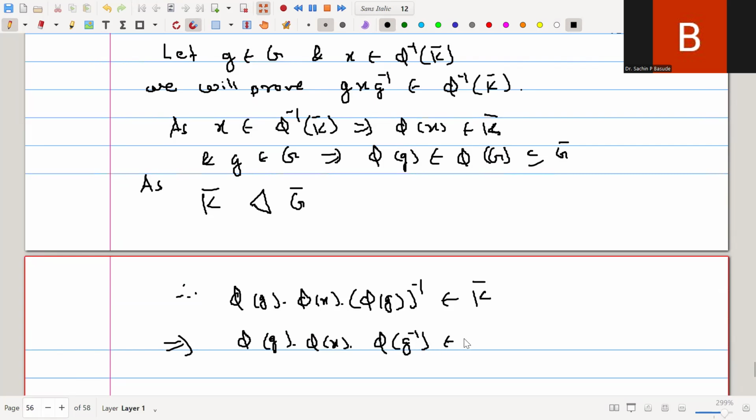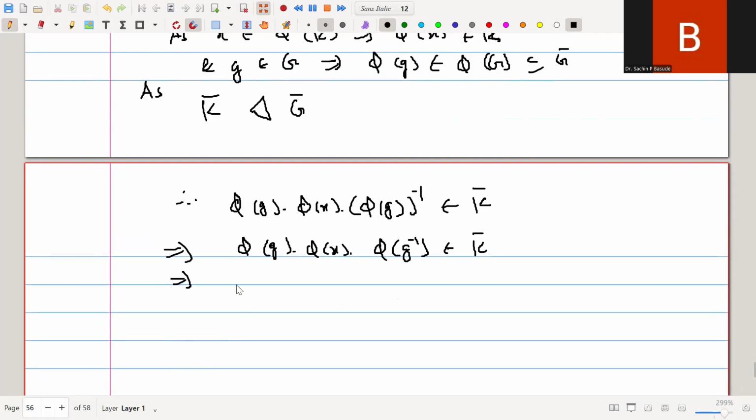We already proved this when phi is a homomorphism. So we can write this as phi of g x g inverse belongs to K bar. Therefore, g x g inverse belongs to phi inverse of K bar.